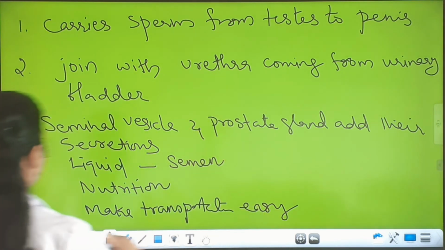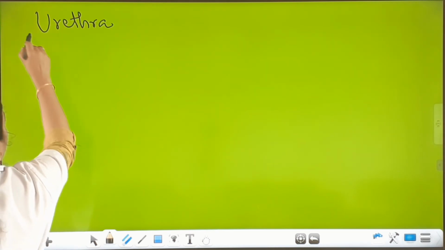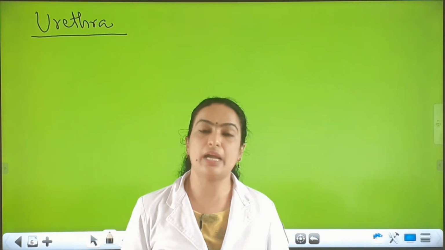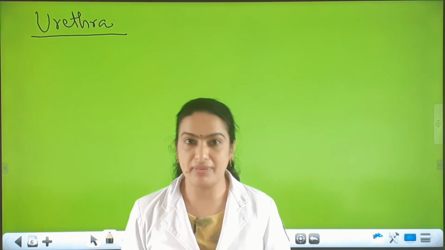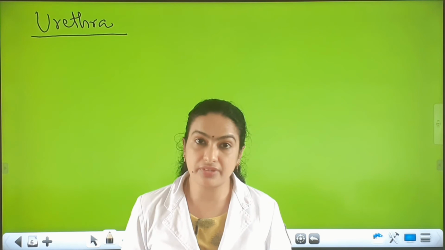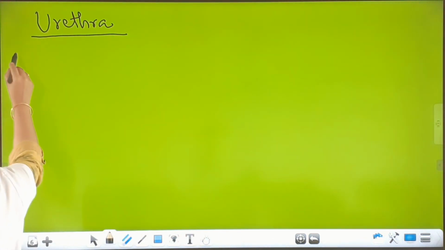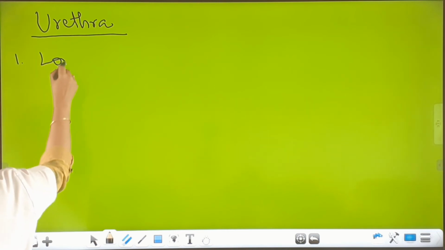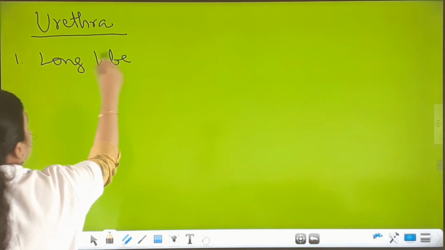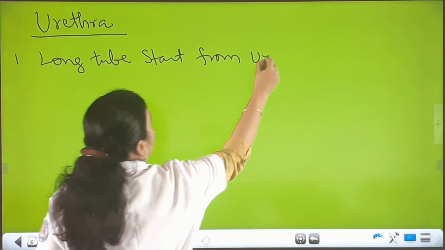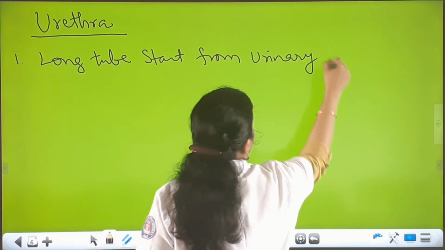Next we can see the next organ, that is urethra. As I told you, it is coming from the urinary bladder. The urethra is a long tube starting from the urinary bladder.